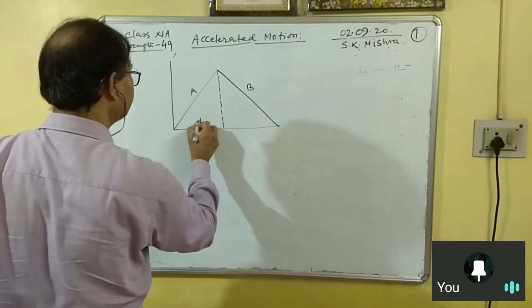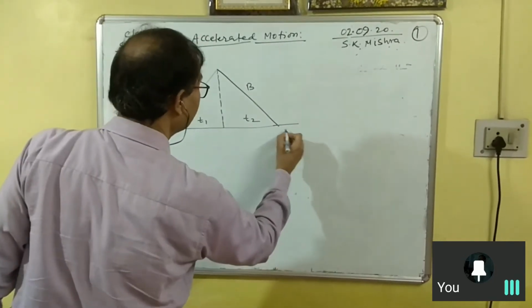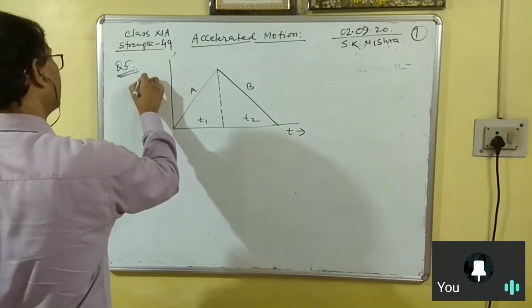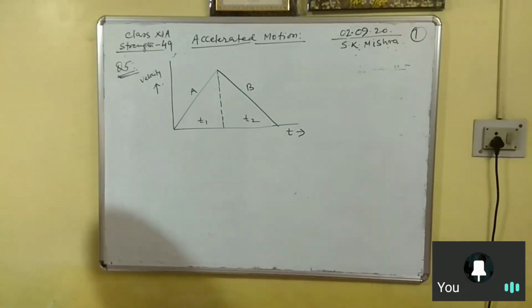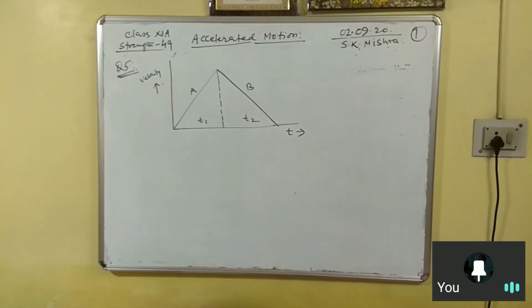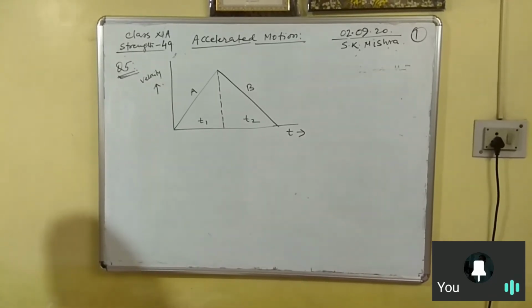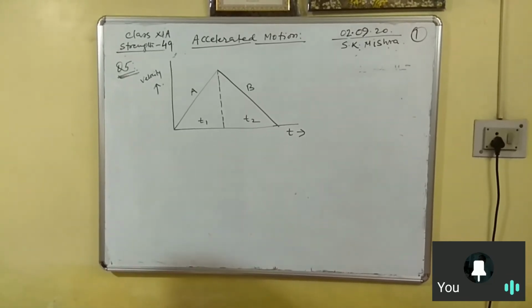Suppose this time is t1, this time is t2, and the total time elapsed is capital T. If the total time elapsed is T, evaluate the maximum velocity reached and the total distance traveled in terms of A, B and T.